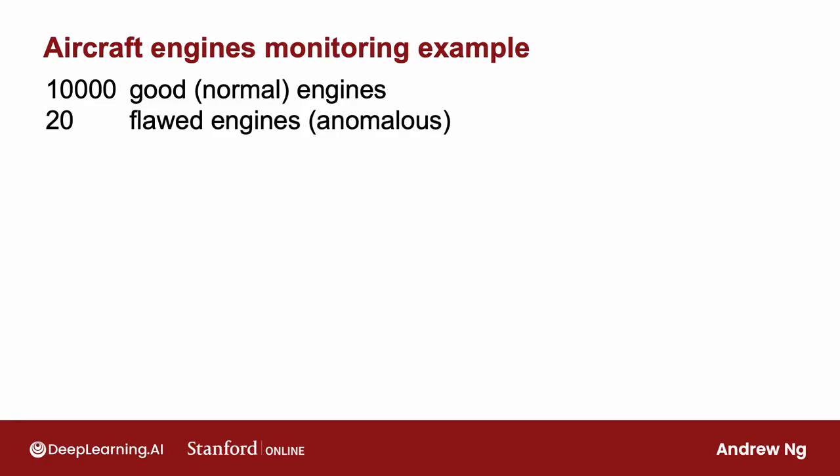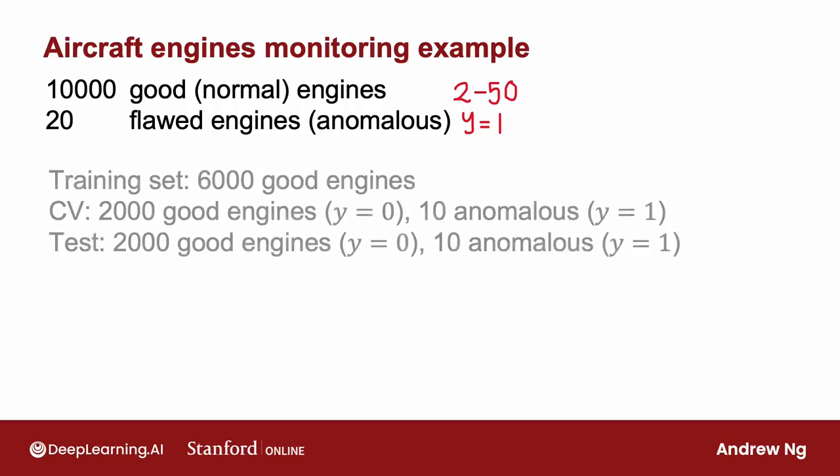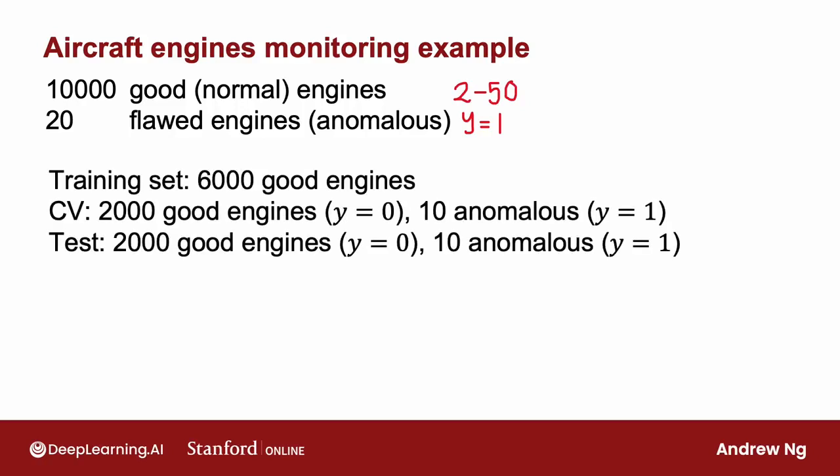Usually, the number of anomalous engines, that is y equals 1, will be much smaller. And so it would not be atypical to apply this type of algorithm with anywhere from, say, 2 to 50 known anomalies. We're going to take this data set and break it up into a training set, a cross-validation set, and a test set.